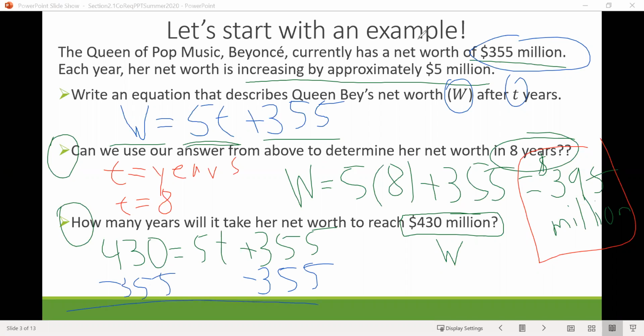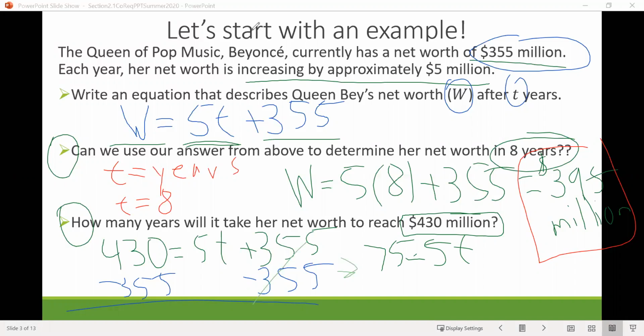When we do that, I'm going to have to erase that W. 430 minus 355 is 75, I do believe. So 75 equals 5T. Then we can divide by, oh Lord, sorry, hit the wrong button.